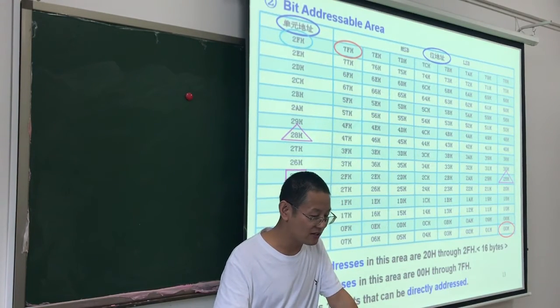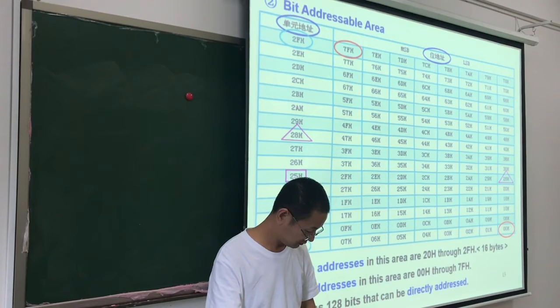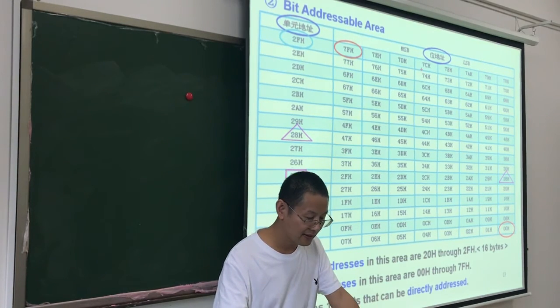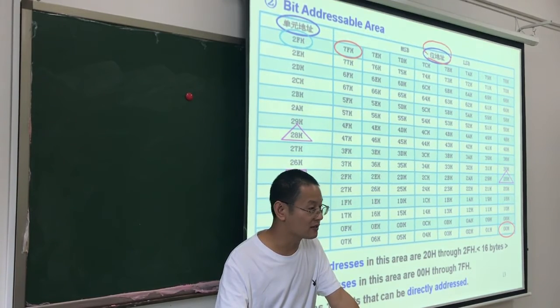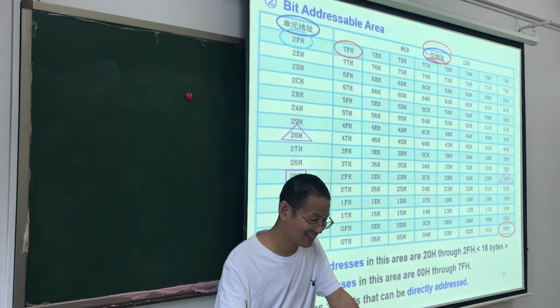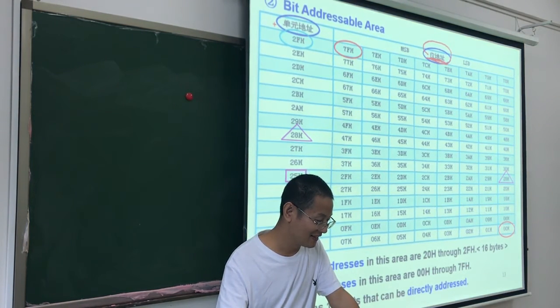It's a bit address area. This is the bit address. Do you know the Chinese word? Bit address, 位地址. This, 单元地址, is byte address.